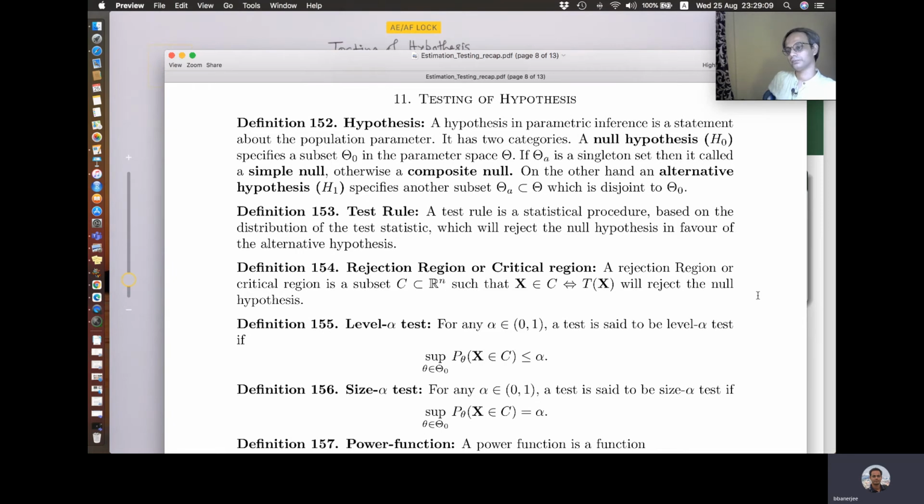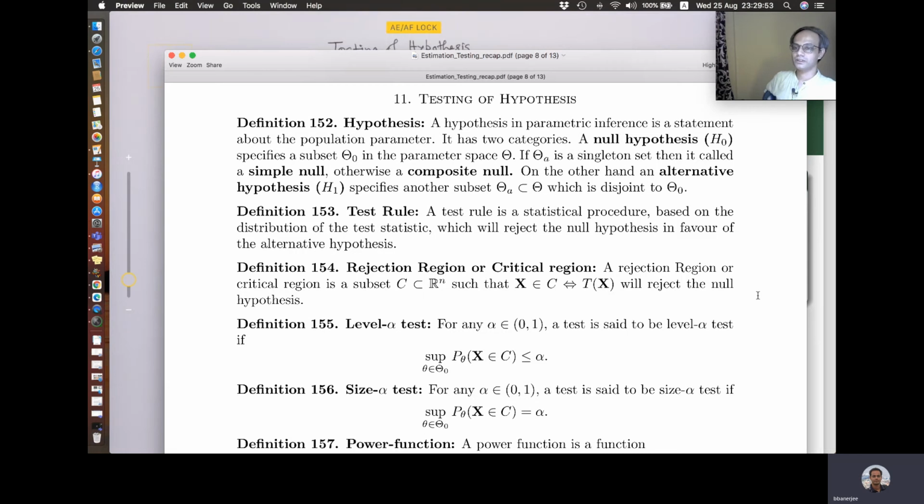So now we define two more terminologies, like null hypothesis. Null hypothesis is usually denoted by H0, and it specifies a subset of the entire parameter space. So parameter space is all possible parameters which are admissible for a given distribution. So if the hypothesis you are interested to test is making a partition in the parameter space, then usually we call it a null hypothesis.